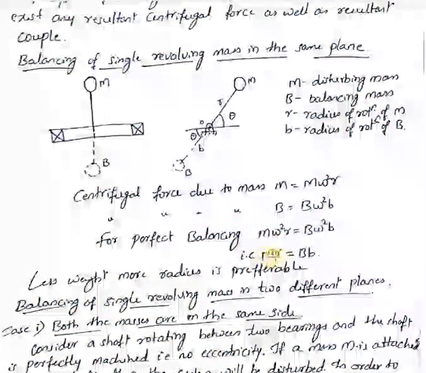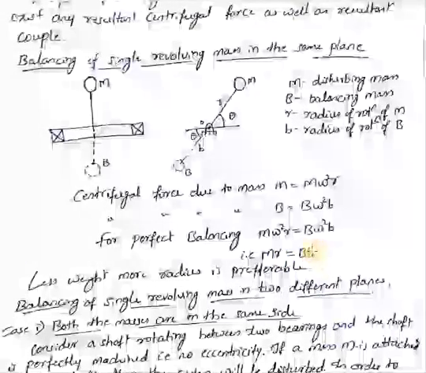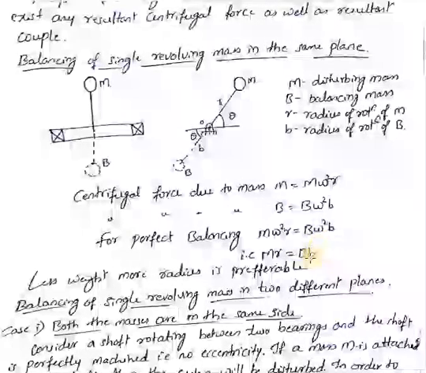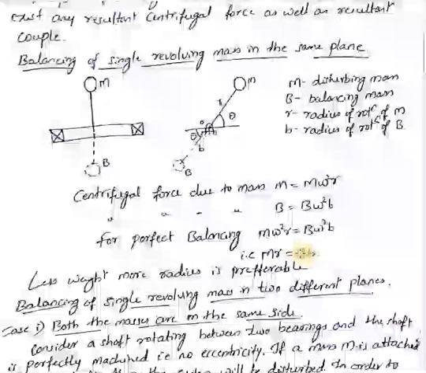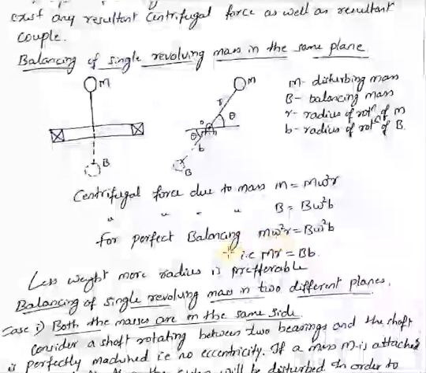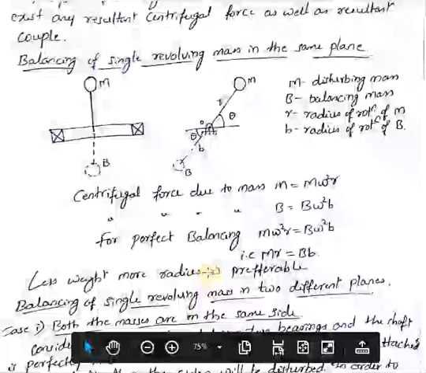That is, M into R should be equal to B into b. Based on this, we come to know the radius of rotation for the attached balancing mass B. So from this we can say that less weight, more radius is preferable.